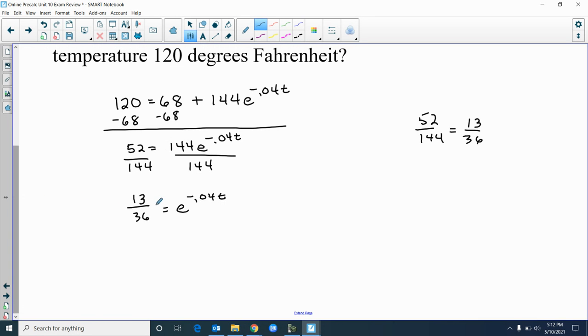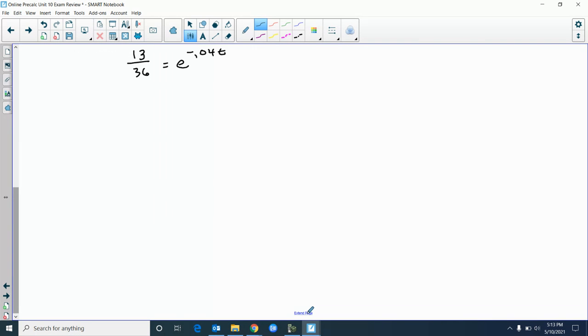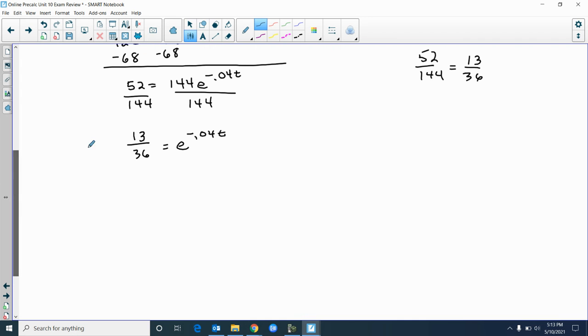Okay, you really have two choices. You either take the natural log of both sides, or you can convert this to natural log form. What I mean by that is if you have y equals e to the x, that is equivalent to the natural log of y equals x. Okay, because that's our base. So I can write this as the natural log of 13 over 36 equals negative 0.04 t.